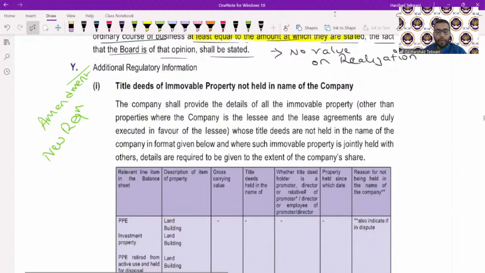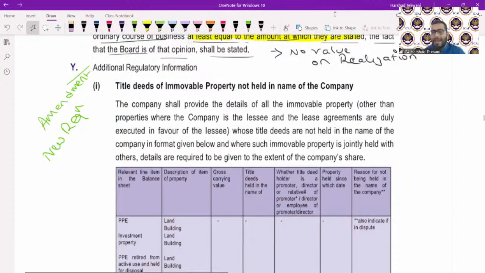See, Vidula, claims against the company not acknowledged as a debt and disputed trade payables. Disputed trade payables means there is an amount of trade payable, but there is a dispute going on. The dispute can be not only with respect to the amount, it can be on any other term also, like when it will be paid, or how it will be paid, whether in installments or in one shot.